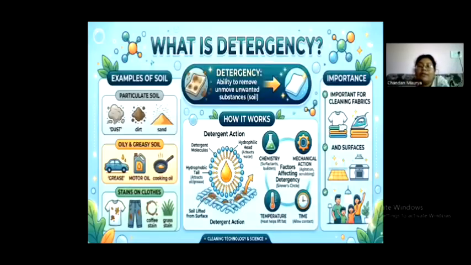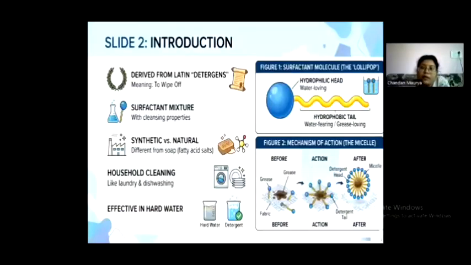Now let's discuss the structure of detergent. Detergents are a group of compounds with an amphipathic structure like surfactants, where each molecule has a hydrophilic polar head and a long hydrophobic nonpolar tail.